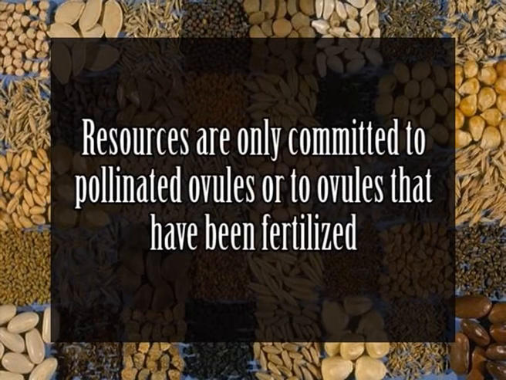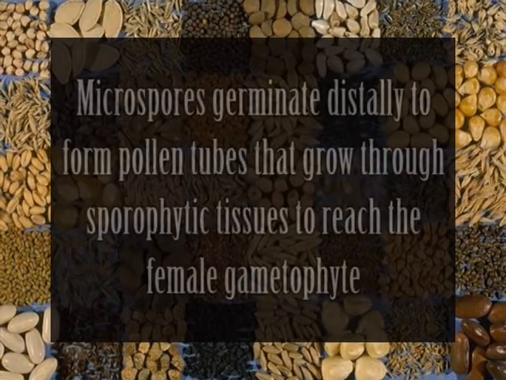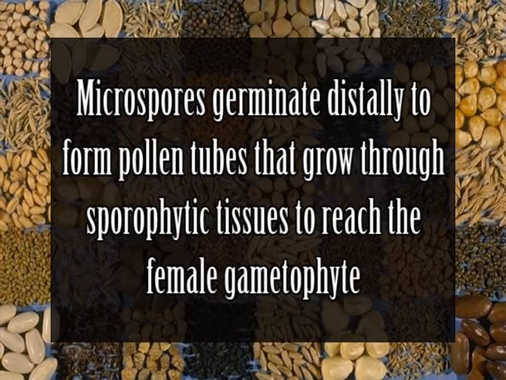Then resources are only committed to pollinated ovules or to the ovules that have been fertilized. And of course, one more very important feature is that microspores germinate distally to form pollen tubes that grow through the sporophytic tissue to reach the female gametophyte. The challenging issue for you is, however, to know why these characters evolved and how they are interrelated.